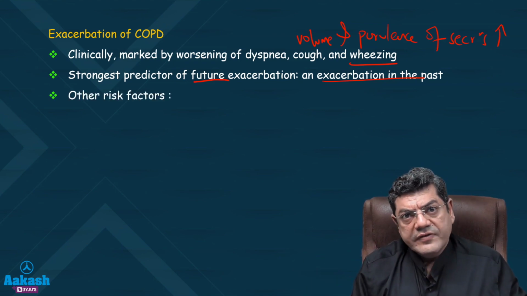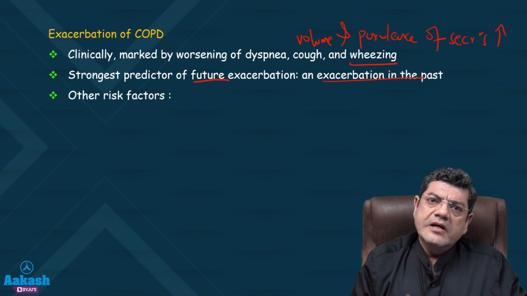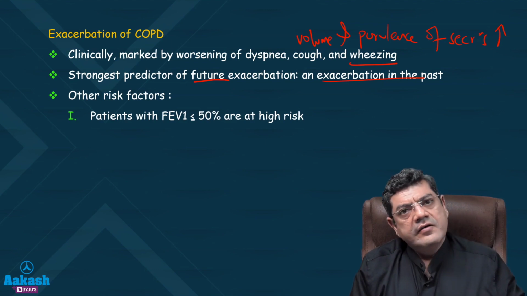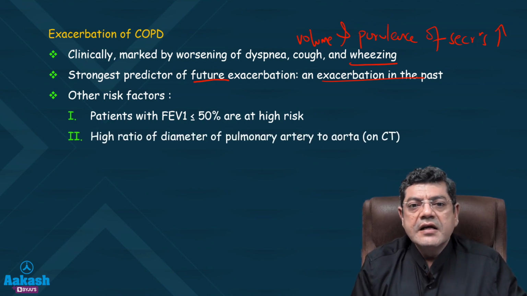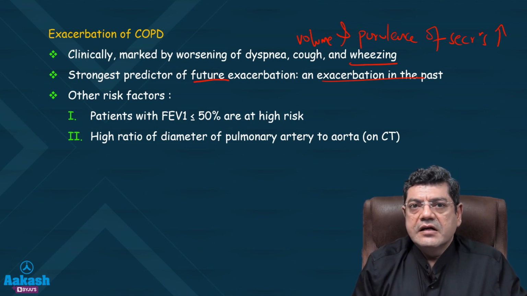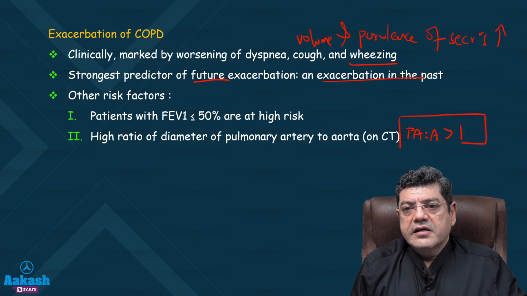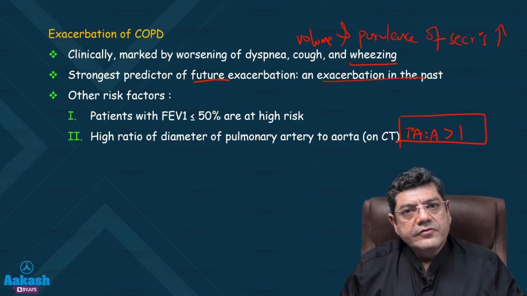What are other risk factors for exacerbations? We've already discussed that frequent exacerbations are more common with an FEV1 of less than 50%. Besides this, on the CT, so this is another benefit of doing a CT in COPD patients, when the pulmonary artery to aorta diameter ratio is more than 1, that is an indicator of risk for future exacerbation.